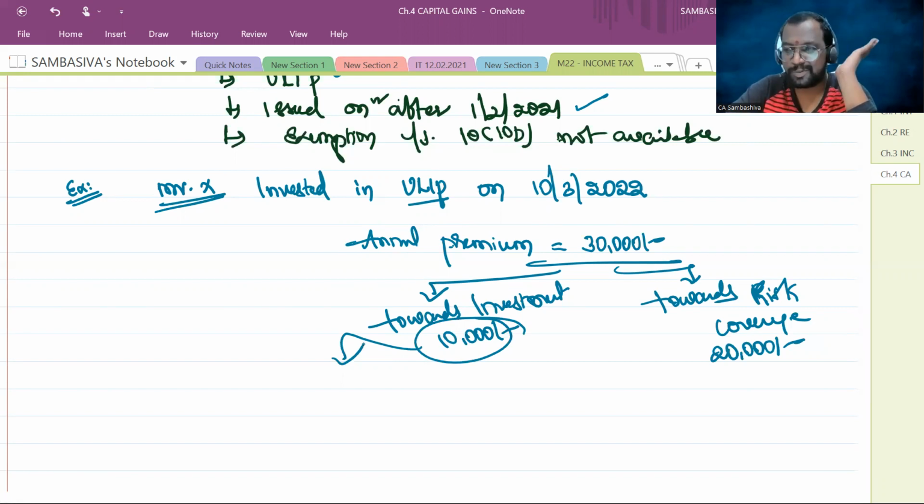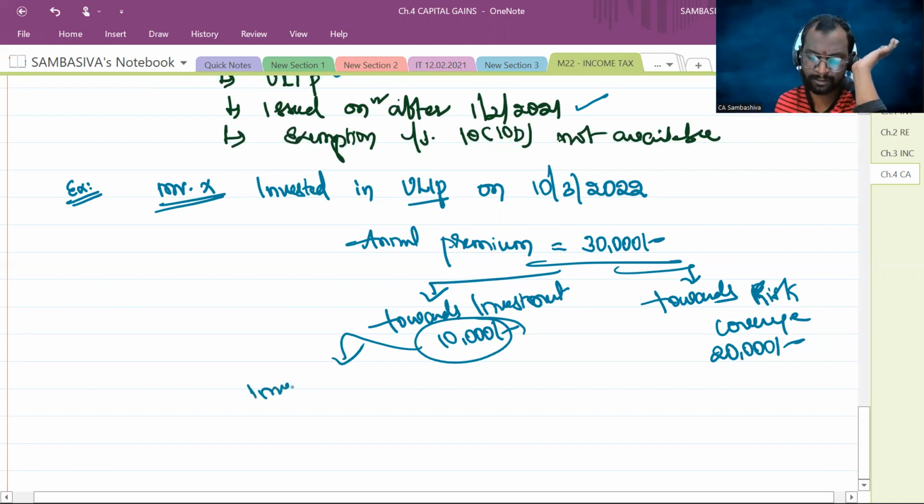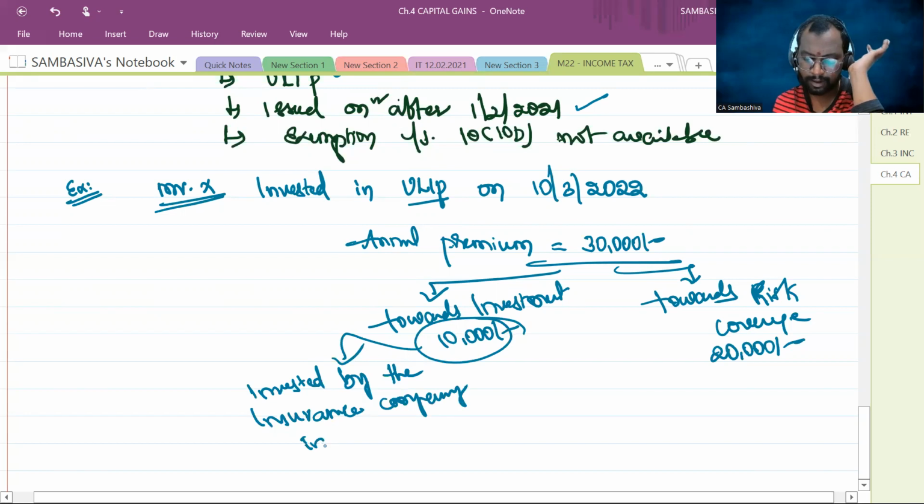This 10,000 will be invested by the insurance company in different mutual funds.